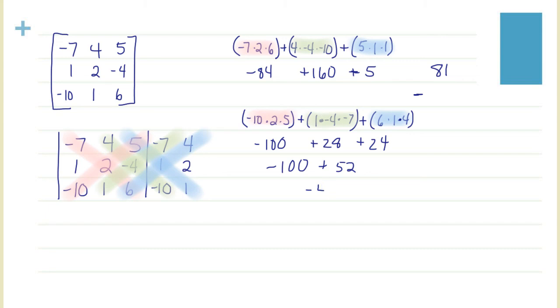I'm going to write it over here, negative 48. All right, so I have 81 minus negative 48. I have 129. So be really careful with your signs.